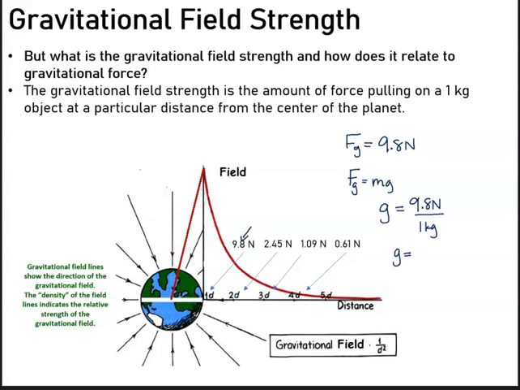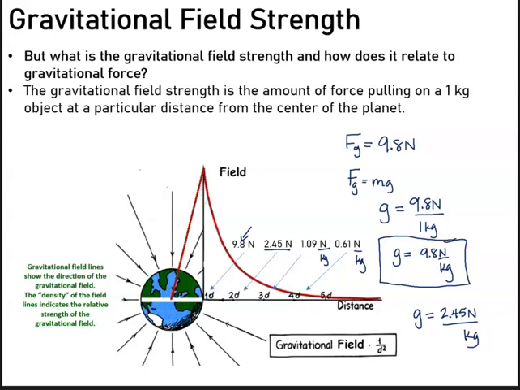And little g is equal to 9.8 newtons per kilogram. This is gravitational field strength at the surface of the Earth. If I want to find my gravitational field strength here, little g is going to be 2.45 newtons per kilogram. Here it's going to be 1.09 newtons per kilogram. Here it's 0.61 newtons per kilogram.